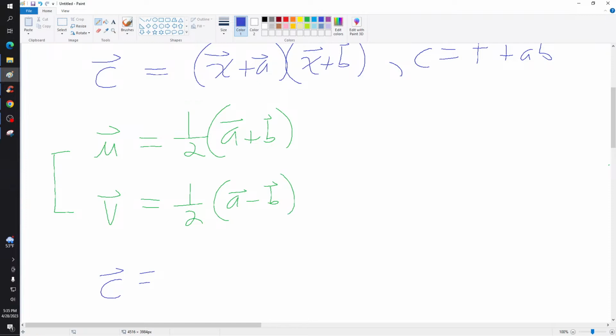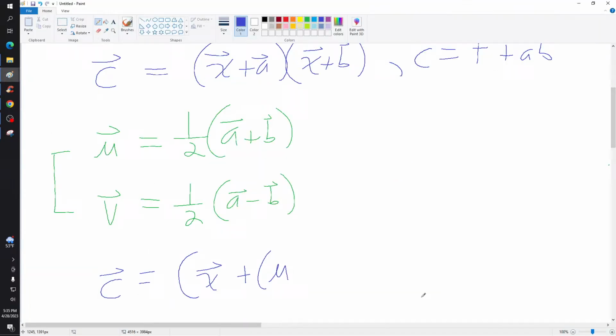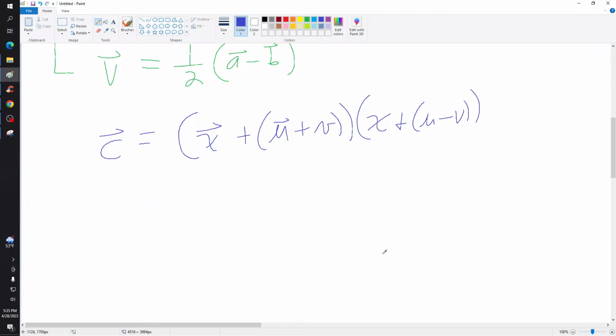So now we have C equals the midpoint of the vectors, U, and you'll see here the identity for A is U plus V. So we get U plus V. And here we're going to get X plus B, where B is U minus V. So now we get C equals X squared.